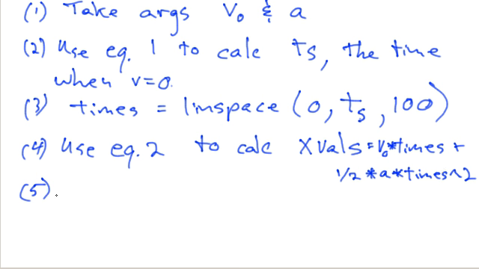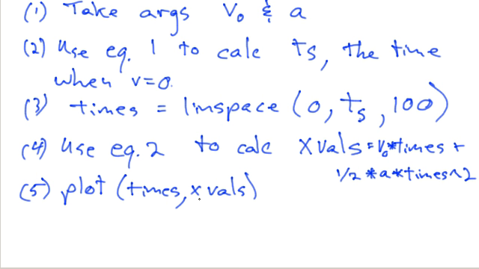And then plot. Now when I want to plot y versus x, I have to say plot x comma y. I want to plot the position versus the time, so the times have to come first, comma, and then the x vals.